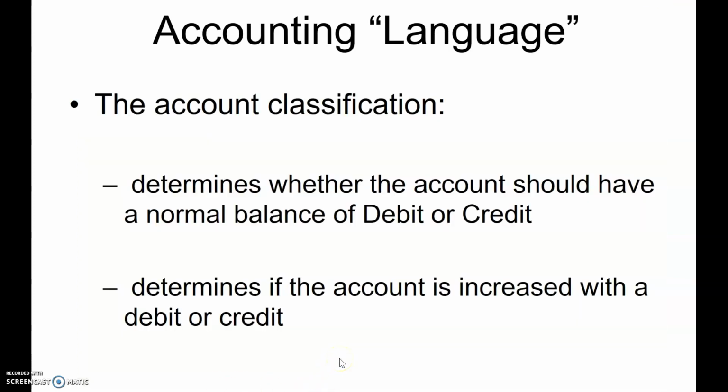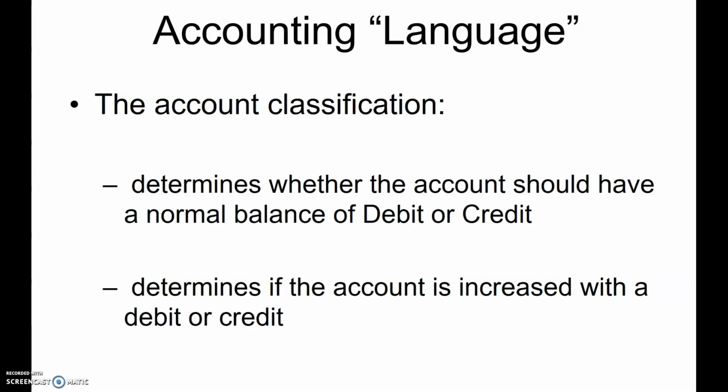Now, it's really important to look at an account and know whether it's an asset, a liability, stockholders' equity, because the account classification tells us whether the account has a normal balance of debit or credit. And this is really important because every different type of account has been assigned either debit or credit as its normal balance.